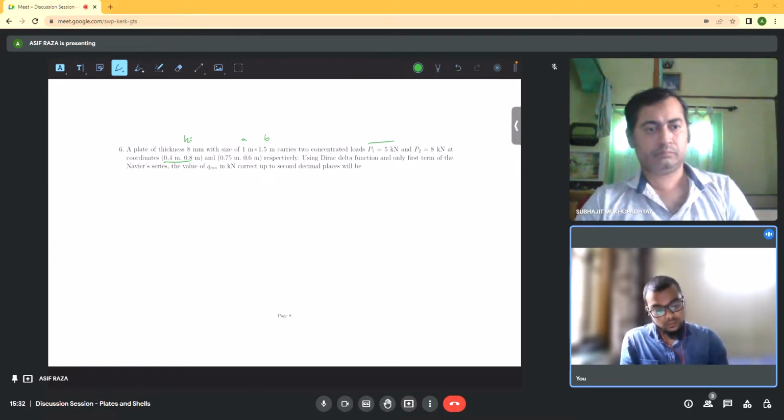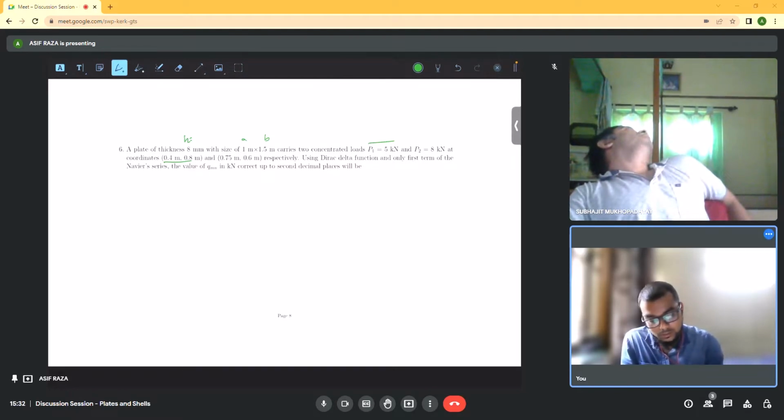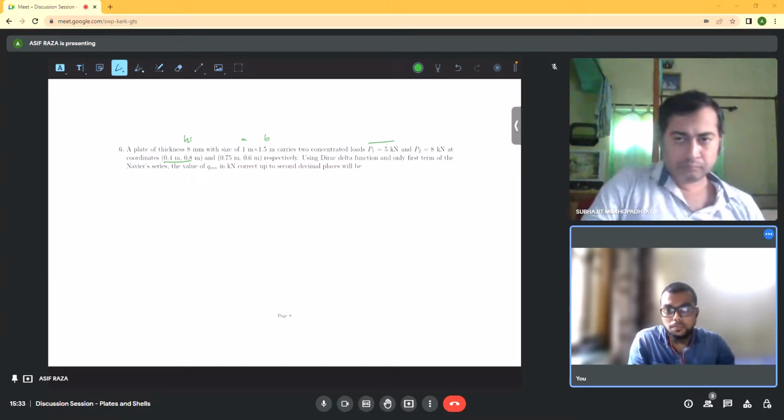Using the Dirac delta function and only the first term of the Navier series, the value of Qmn in kilonewton, correct up to second decimal places, will be.